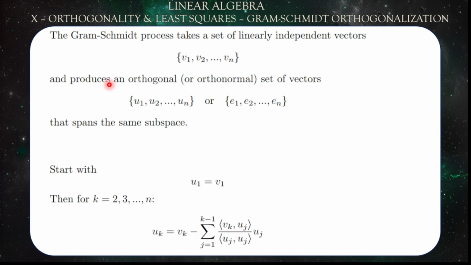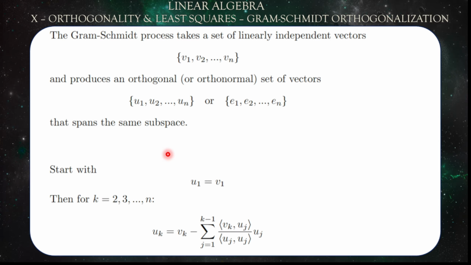All right, let us talk a little bit about Gram-Schmidt orthogonalization. The Gram-Schmidt process takes a set of linearly independent vectors v1, v2, ..., vn, and produces an orthogonal or orthonormal set of vectors u1, u2, ..., un, or e1, e2, ..., en, that span the same subspace.